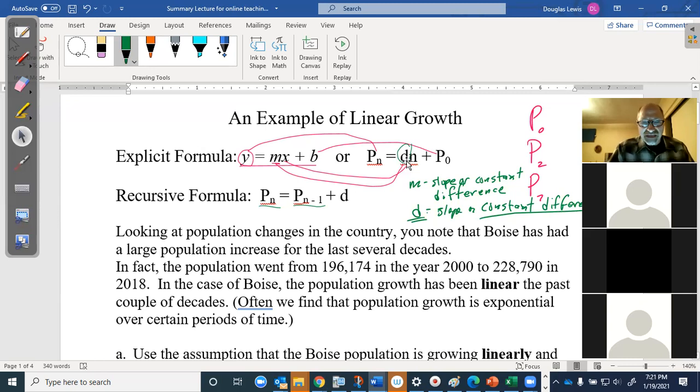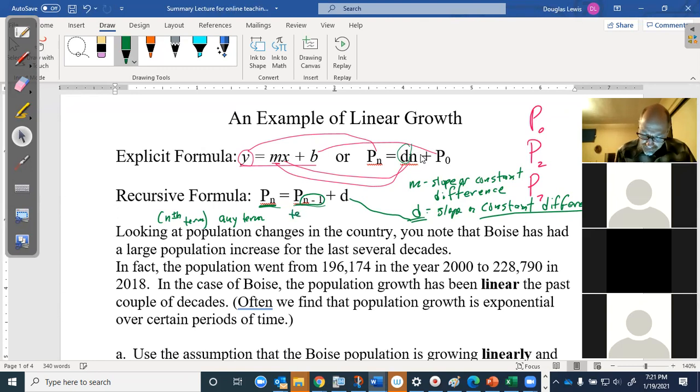So this d means the constant difference. Now, what does this subscripting mean? Well, a P with a subscript of n means any term. It could be any term. We often say it's the nth term. But with a subscript of n minus 1, we say it's the previous term.